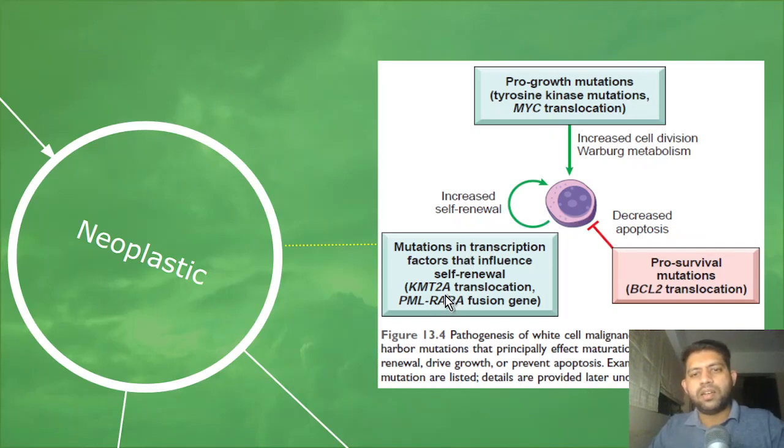Mutations in PML, RARA, KMT2A, etc. cause that. The self-renewal is increased. Then there is decreased apoptosis. BCL2 is related to apoptosis. So when BCL2 is dysregulated, there will not be any apoptosis, so cells keep on dividing.